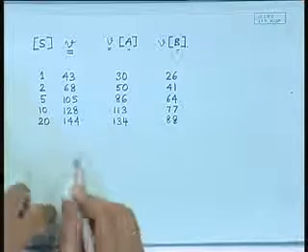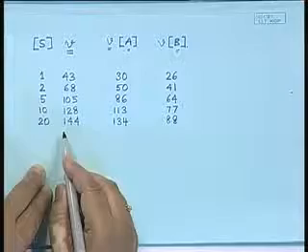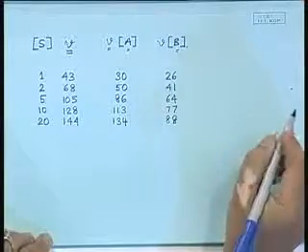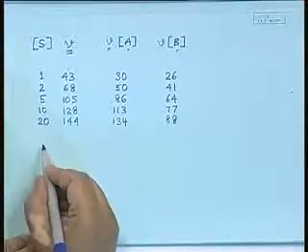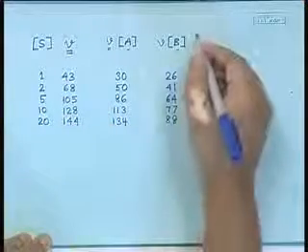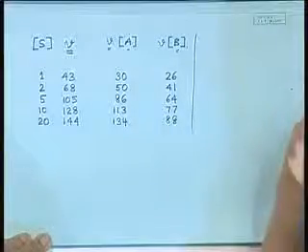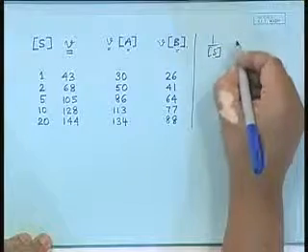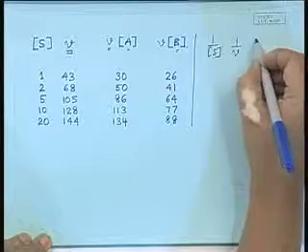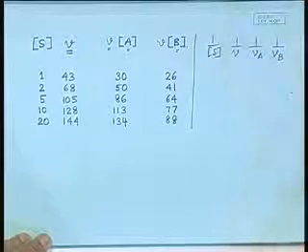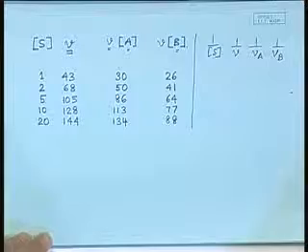Okay. Now what we are going to do is plot the Lineweaver-Burk plot for this case. So now if I have these S concentrations, what information do I require to plot my Lineweaver-Burk plot? I need 1 by S, 1 by V, 1 by VA, 1 by VB, right.